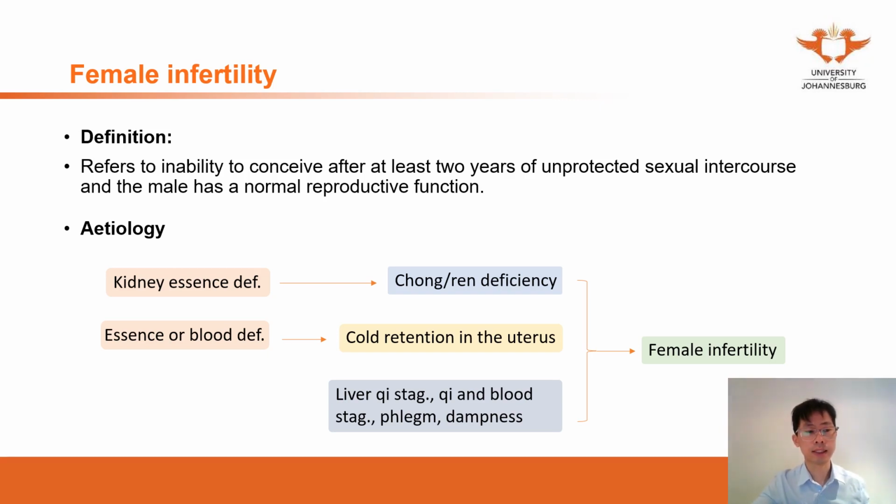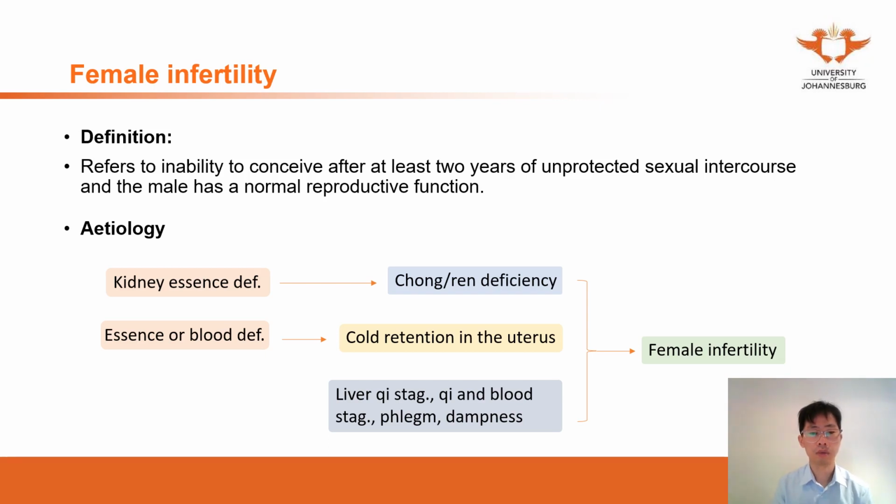Similar to other diseases, the etiology, apart from these two deficiencies, can also be excess, so there are different excesses and deficiencies. The kidney deficiency can be kidney qi deficiency, kidney yang deficiency, or kidney yin deficiency. No matter what type of syndrome we identify, the patient may present with accompanying symptoms.